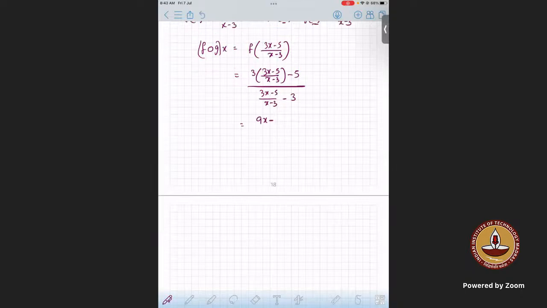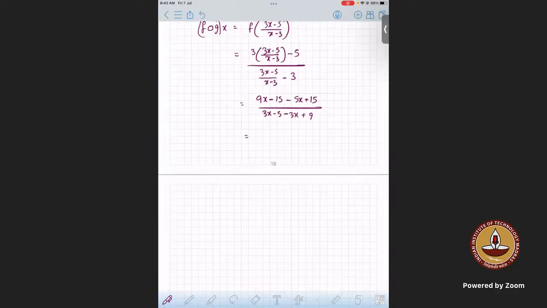That equals 9x minus 15 minus 5x plus 15, divided by 3x minus 5 minus 3x plus 9, which equals 4x divided by 4, that equals x. Agree?